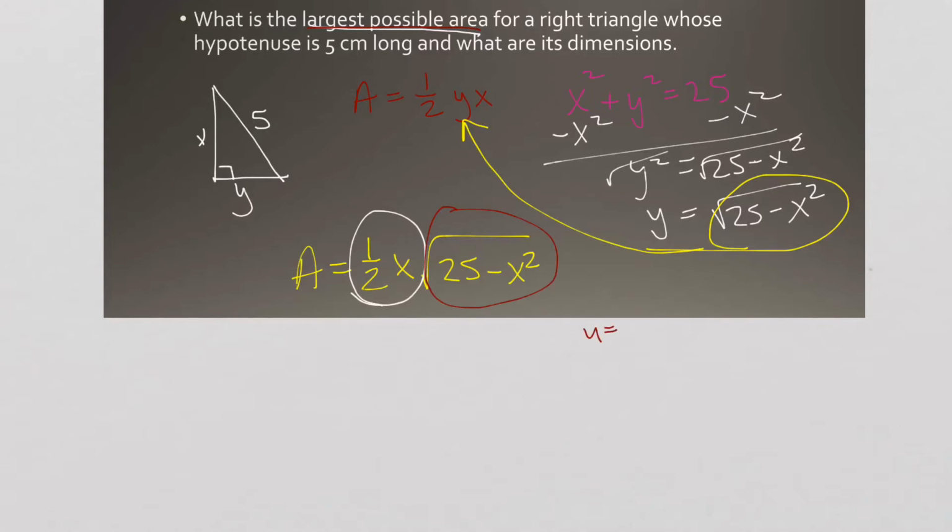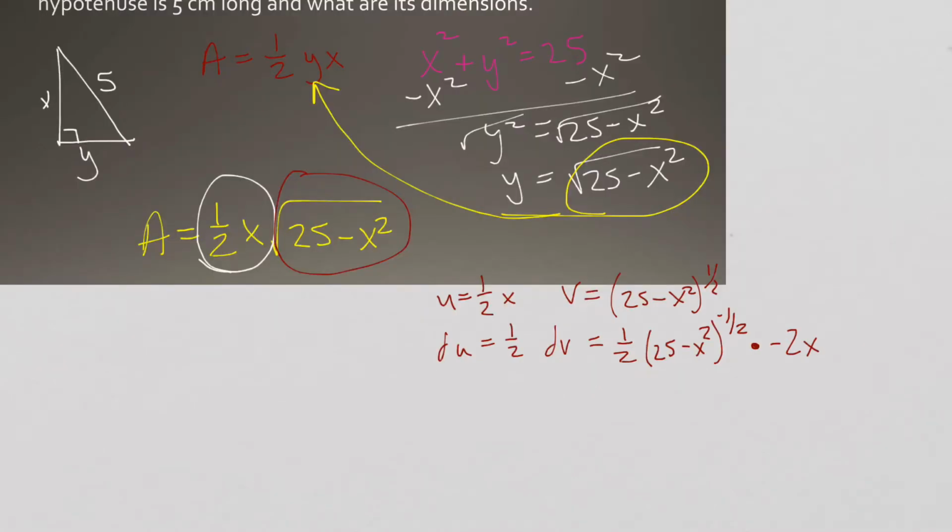So u equals 1/2 x, du is 1/2, v equals 25 minus x squared to the 1/2 power, so dv is a chain rule. Do my chain rule: I do the derivative of the outside, so bring down the 1/2, take away 1, times the derivative of the inside, which is negative 2x. If I simplify that, I'm going to get negative x times 25 minus x squared to the negative 1/2.